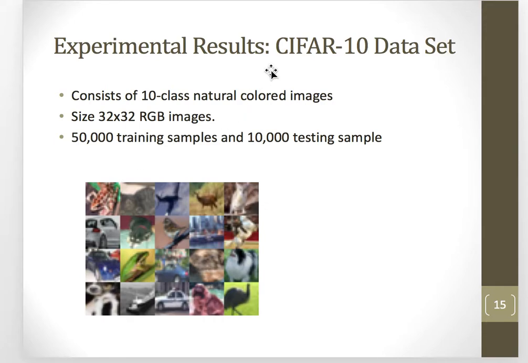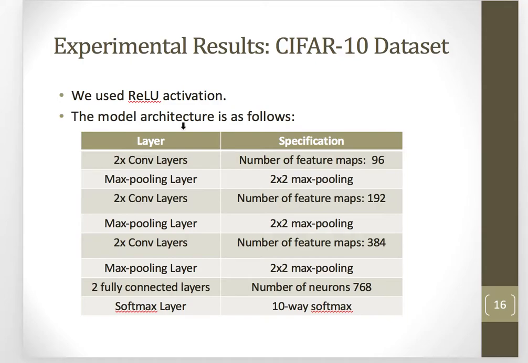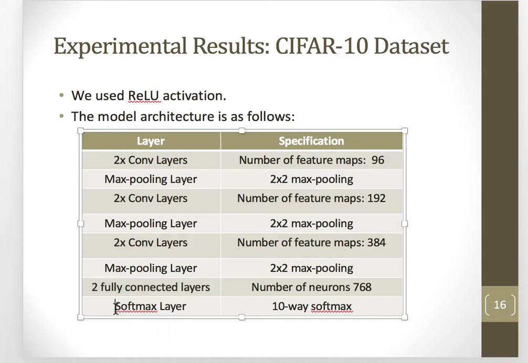Okay, in the CIFAR10 data set, which is obviously a more demanding data set, we have a deeper structure. We have more convolutional layers, and finally we have two fully connected layers and a softmax layer. The other parameters are given here.